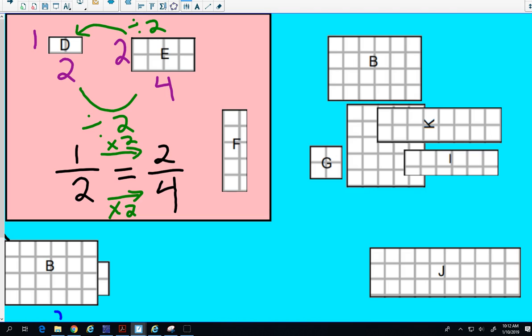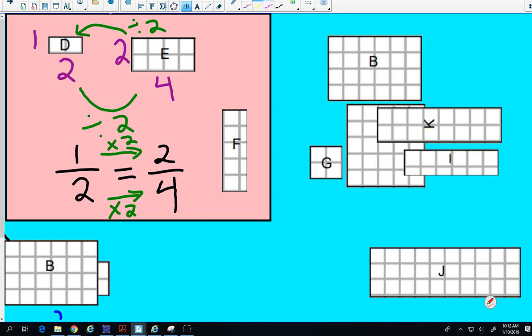So you're looking for the shape that is similar to F. All right, so now that we've copied this down, we're going to go on.